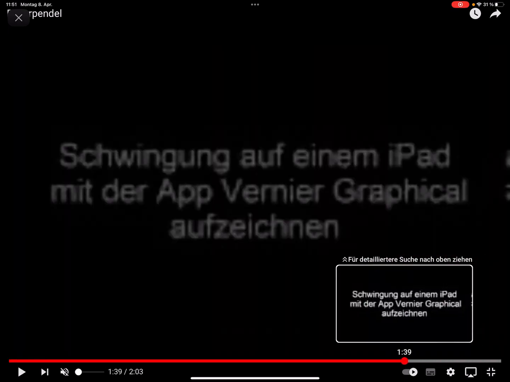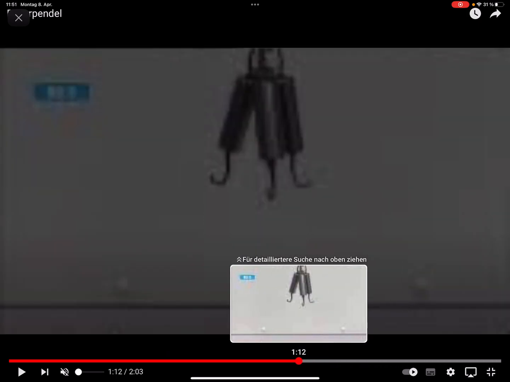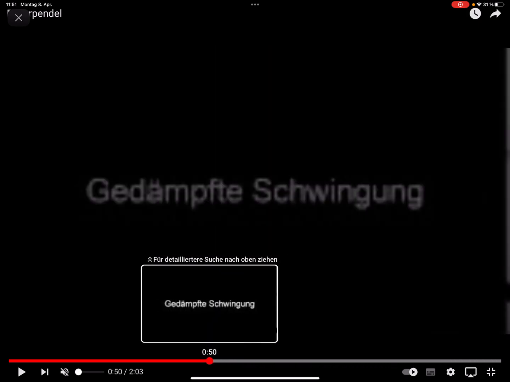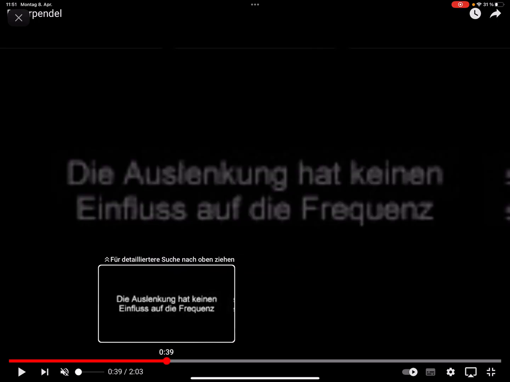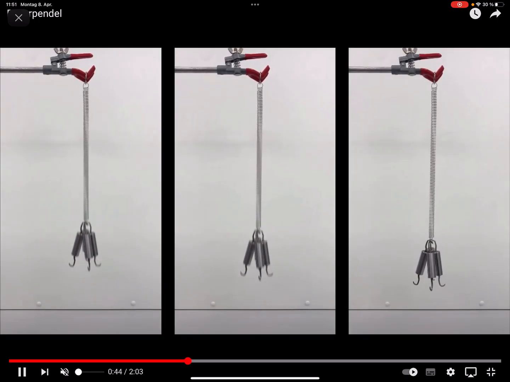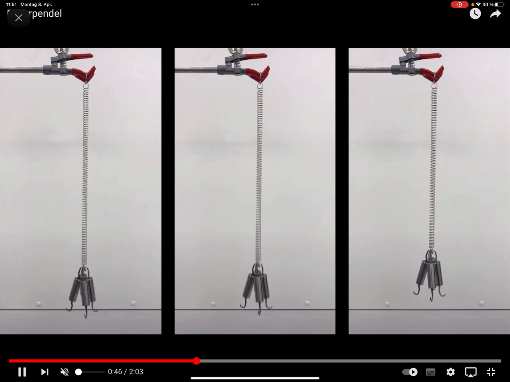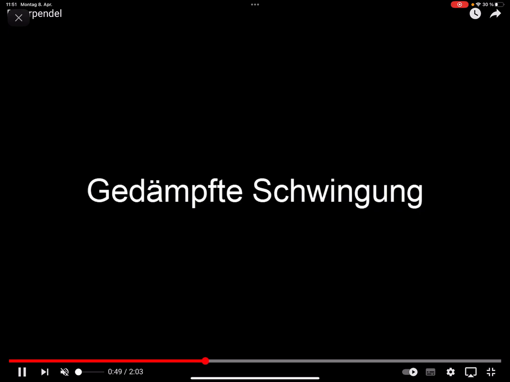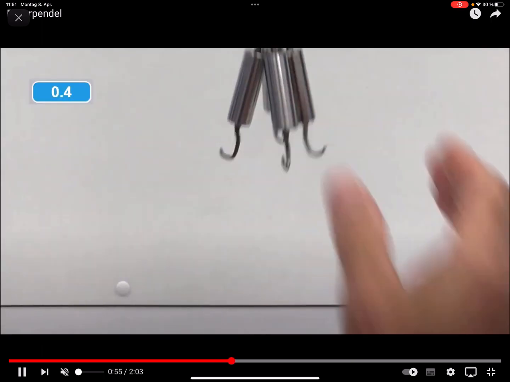We go back a little bit. Here again you can see the effect that the period is the same, independent from the deflection. And this is the damped oscillation.